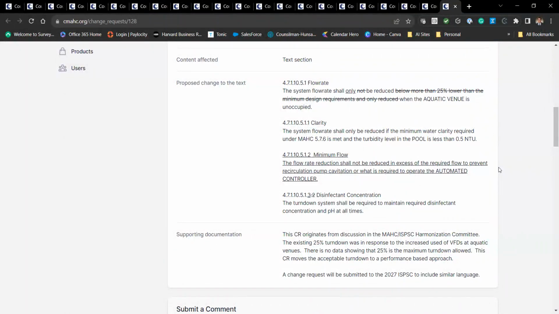So this would take out that limiter and give just the overall statement that the system flow rate shall only be reduced when the aquatic venue is unoccupied. So if there are people in the pool, they have to meet the minimum flow.